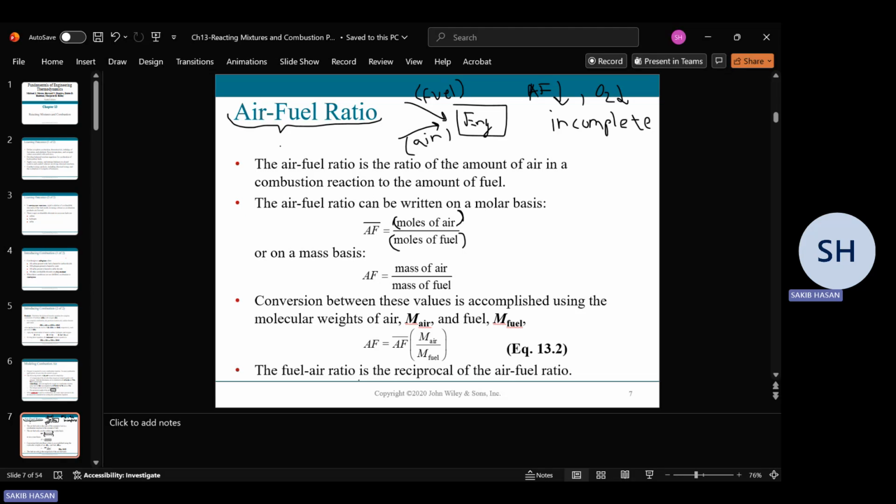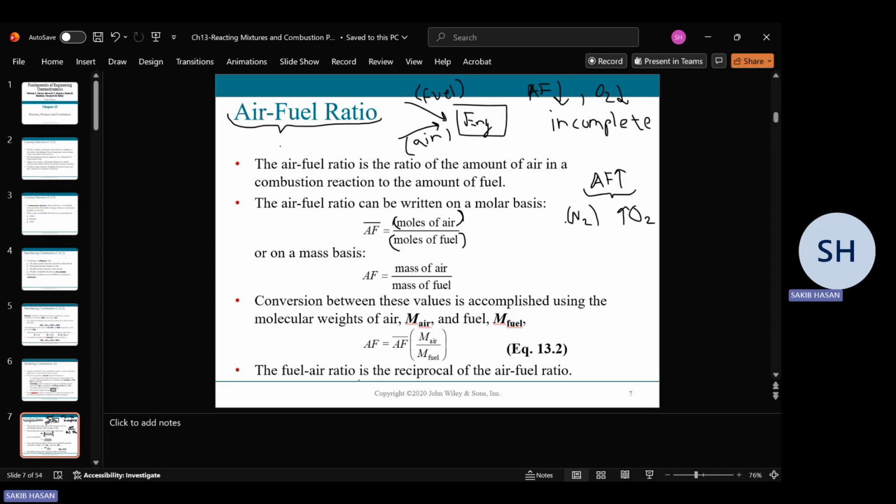Another reason why you should care about this air-fuel ratio is that sometimes if the air-fuel ratio is too high, it can mess with the reaction, because remember that air is mostly nitrogen. If you have too much nitrogen, yes, you're getting the complete combustion because there's a lot of oxygen.